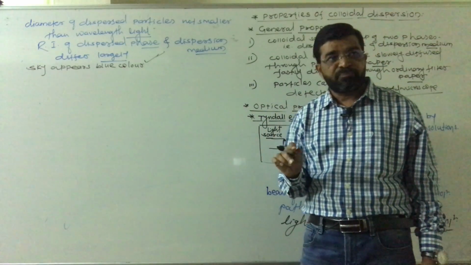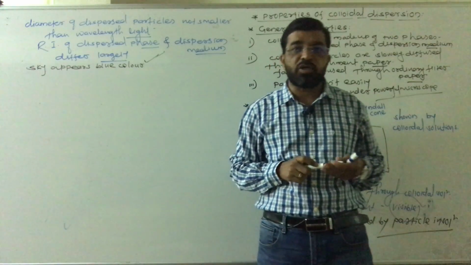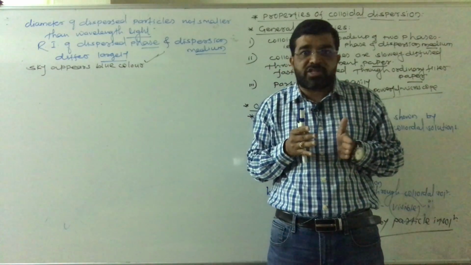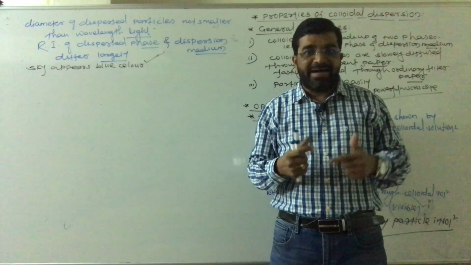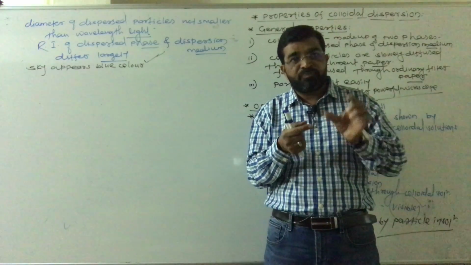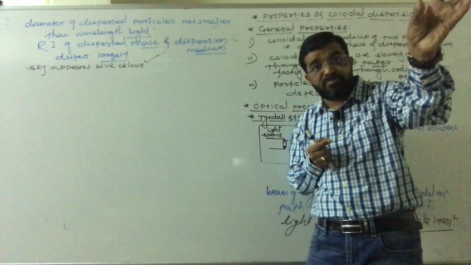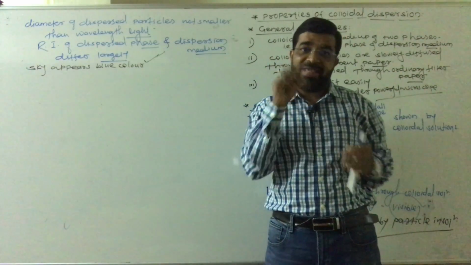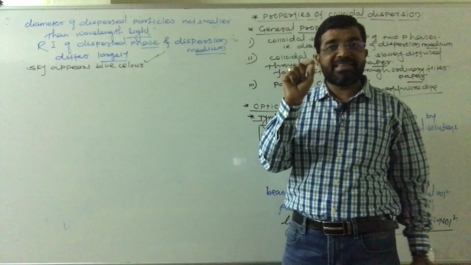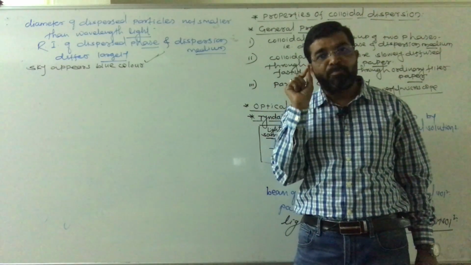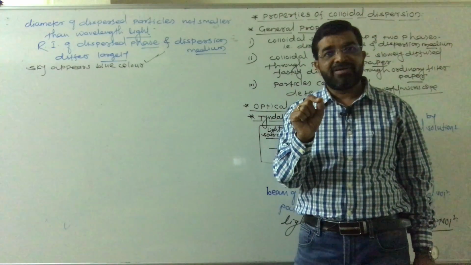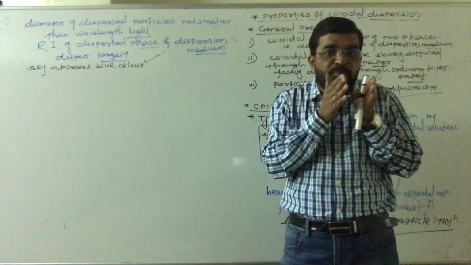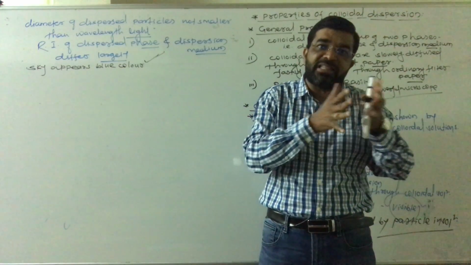As well as when there is fog, meaning a lot of mist has fallen, we cannot see far. But when we switch on the headlight of a bike or a car, the path of the beam of the headlight becomes visible. Why? Because in that fog small particles of mist are spread, and they scatter the light, therefore the path of the beam of light becomes visible in that form.